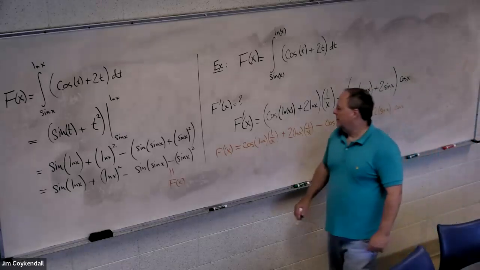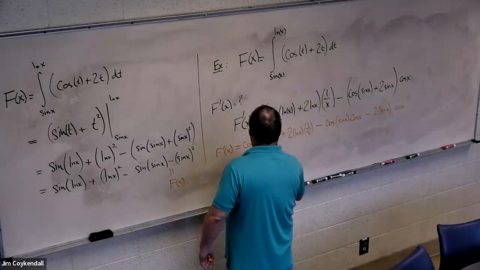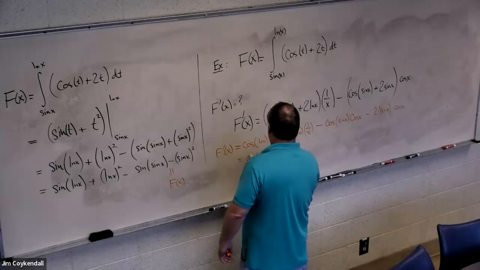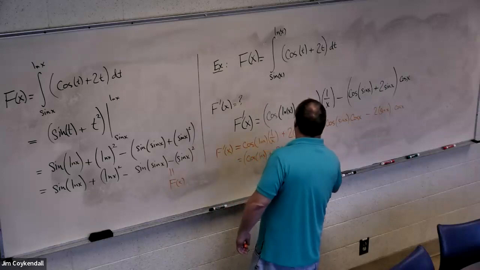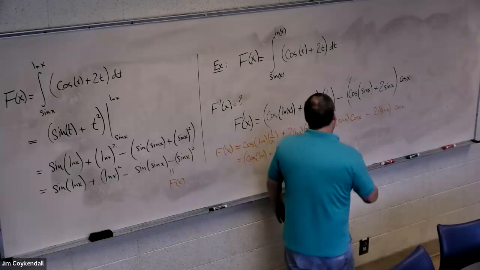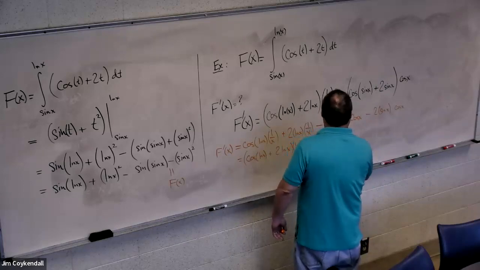Now, check this out. Out of the first 2 terms, I'm going to pull out 1 over x. And out of these next 2 terms, I'm going to pull out a minus and a cosine x.